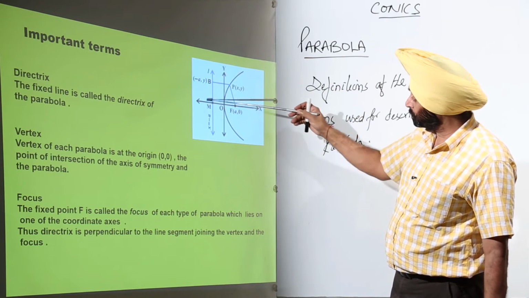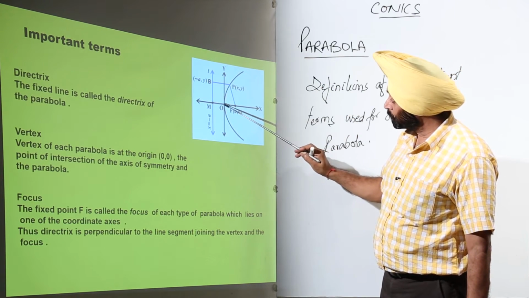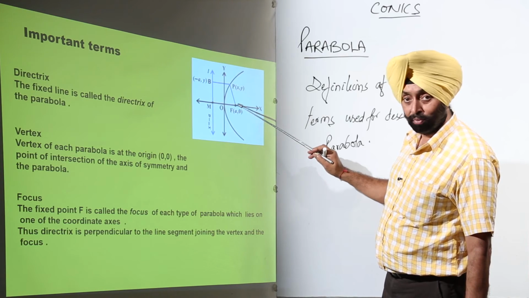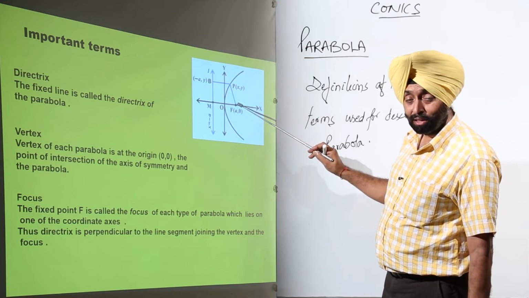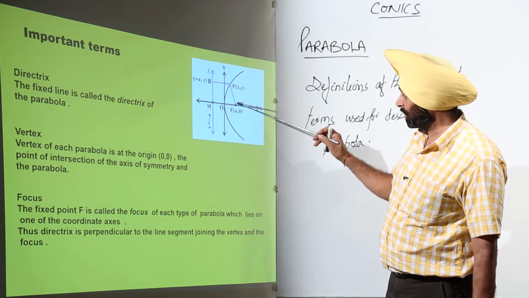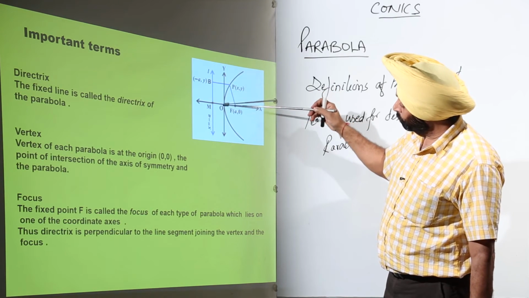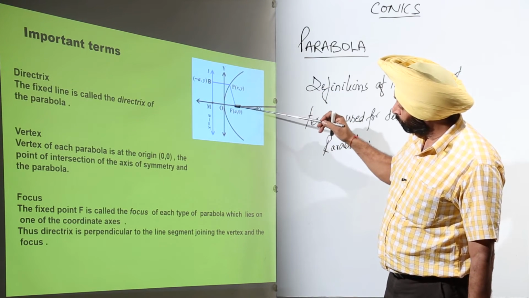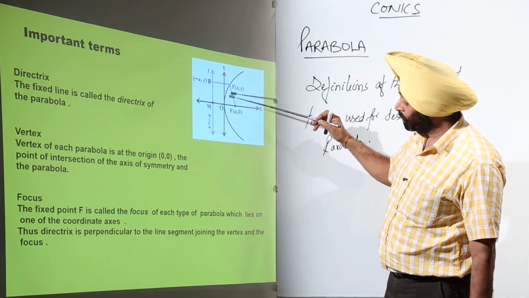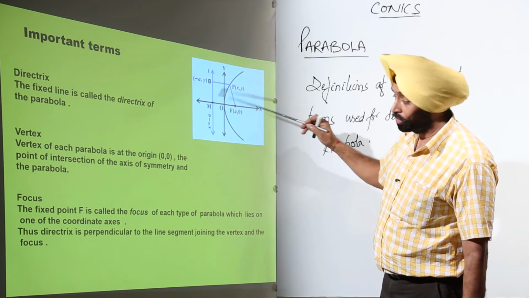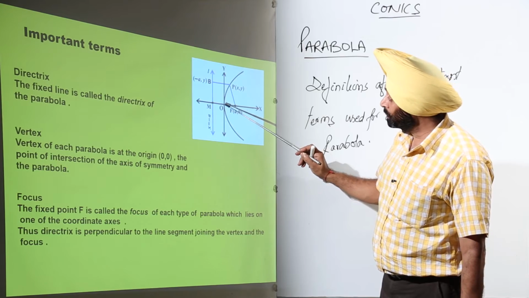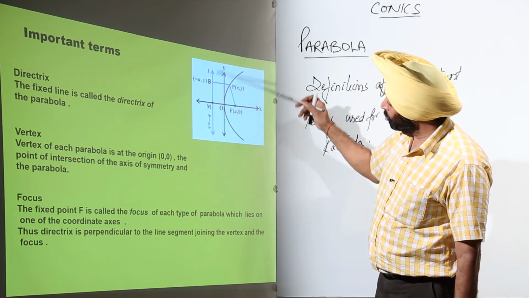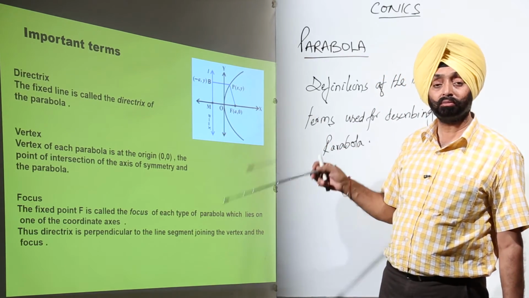This is the y-axis, this is the x-axis. It means from this point O to point F, what is the abscissa? It is small a. By the definition, O and M are also equal. So we are having FO is equal to OM. That's why the equation of the directrix is x is equal to minus a.